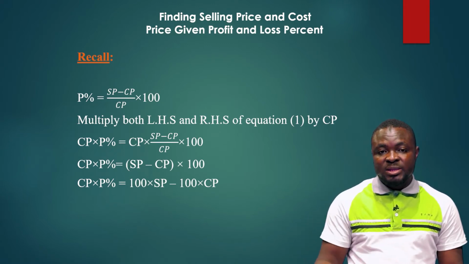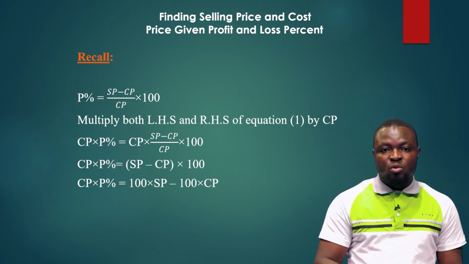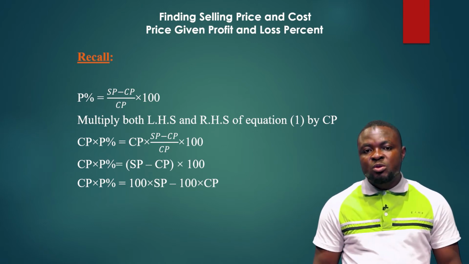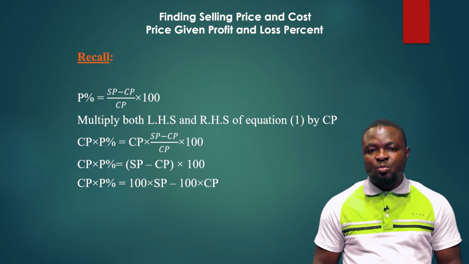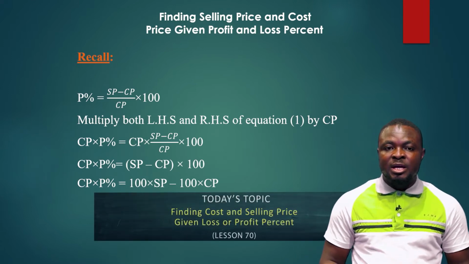It means the two can take care of themselves. The cost price in the denominator will go with the cost price that is multiplying the fraction. So you reduce it to cost price times profit percent equal to selling price minus cost price, all times 100.